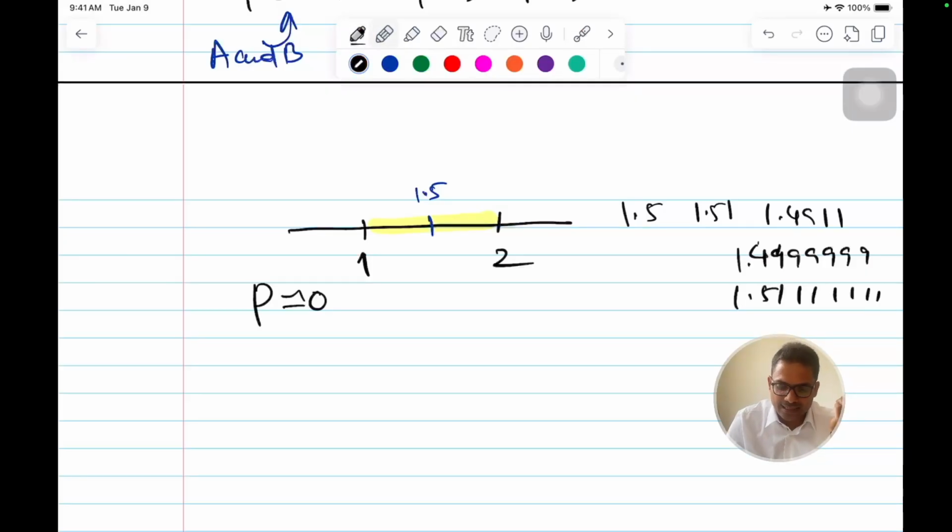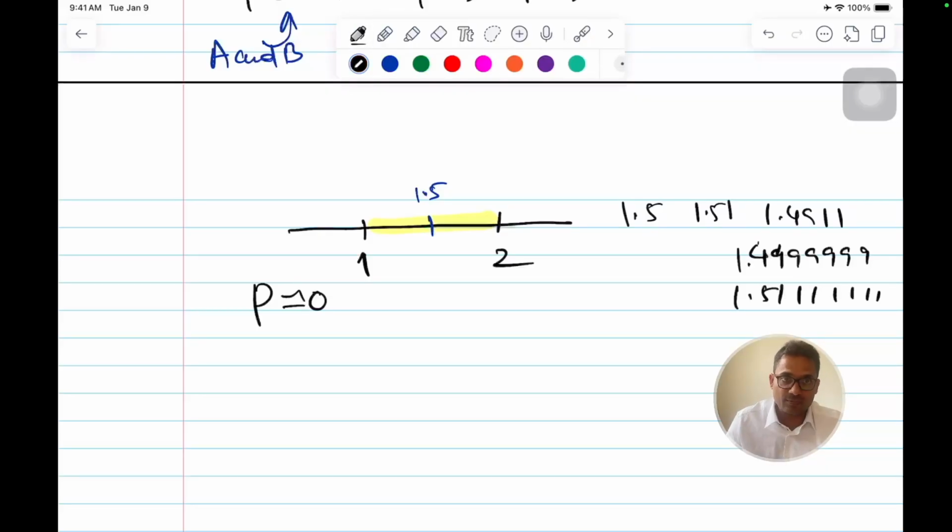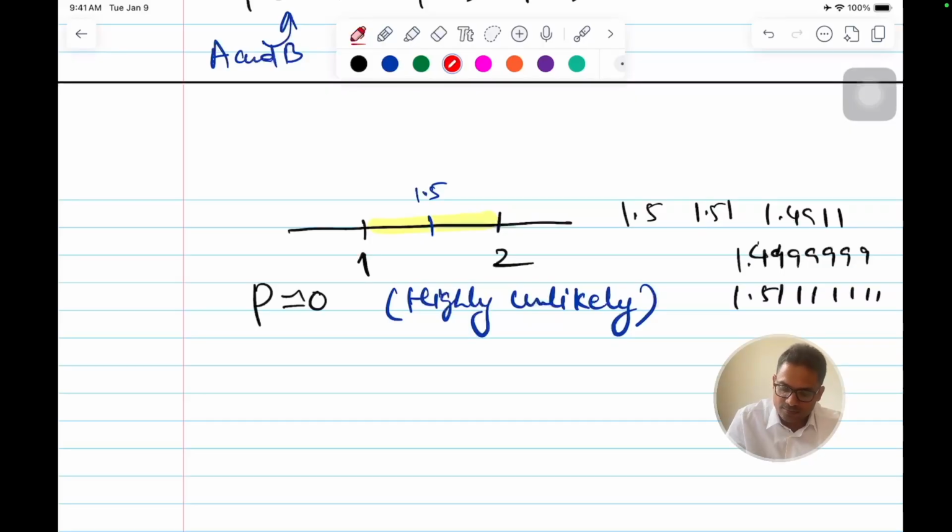But can we say that it's impossible to put my pen on this point? No, right? So probability of 0 means highly unlikely, not impossible.